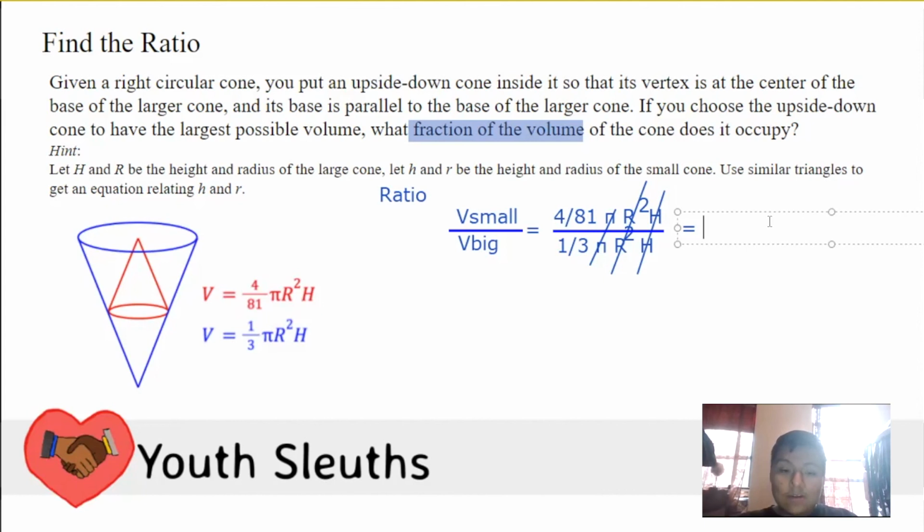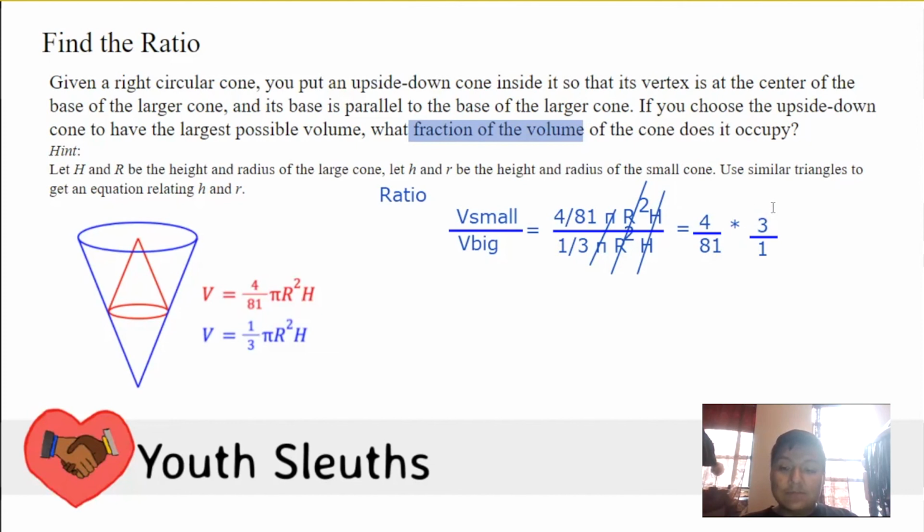So we set up 4 over 81. And remember, we multiply by the reciprocal when we're dividing. So that's being multiplied by 3 over 1. Now the 3 and the 81, they cancel out.